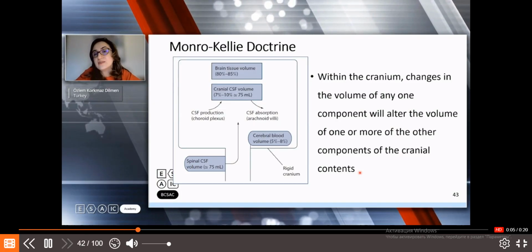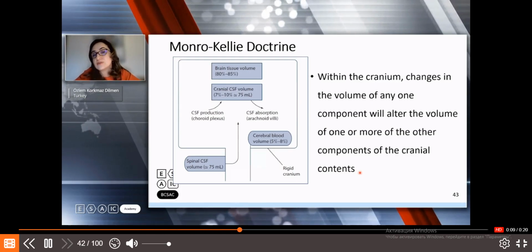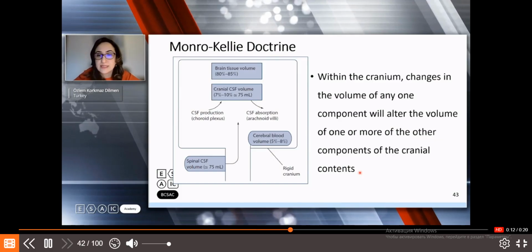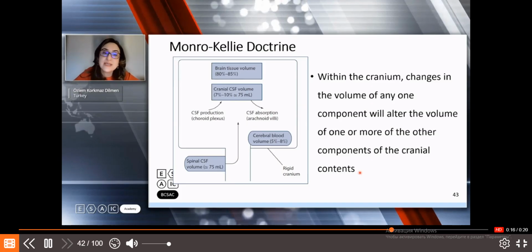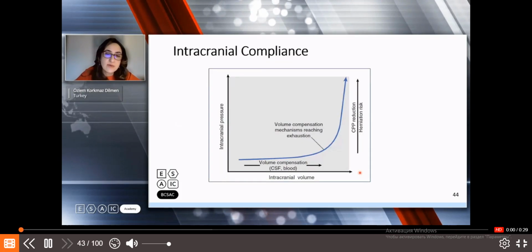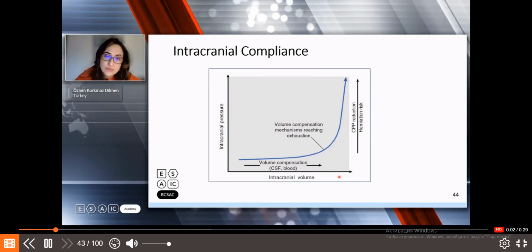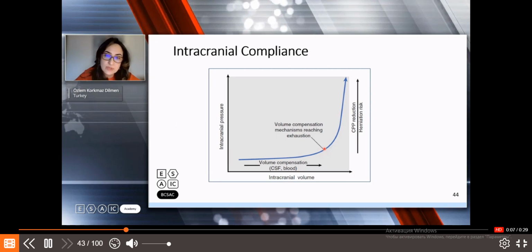In the cranium, changing the volume of any one component will alter one or more other components of the cranial contents. We call that the Monro-Kelly doctrine. A rise in intracranial volume can be compensated up to one point.